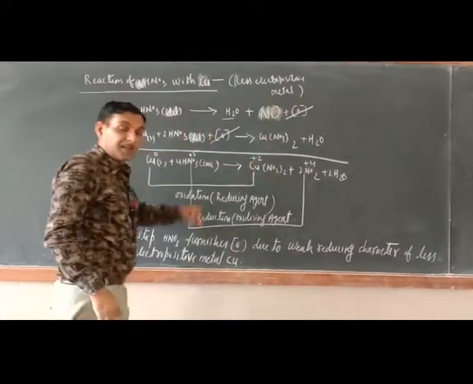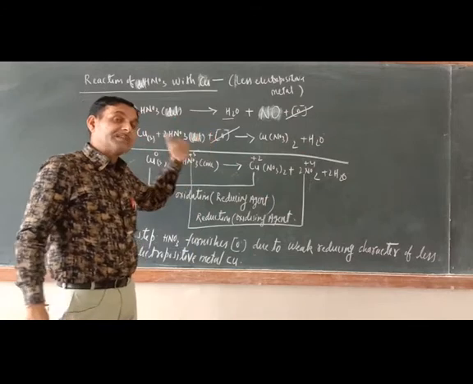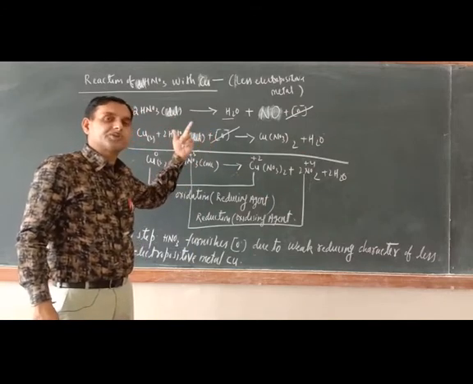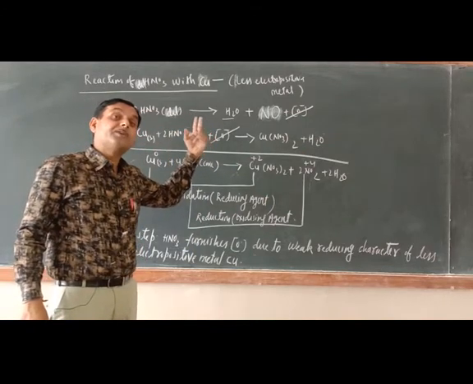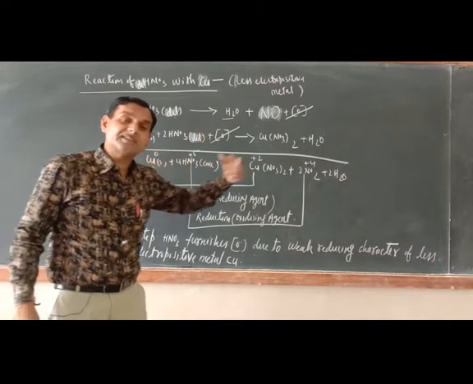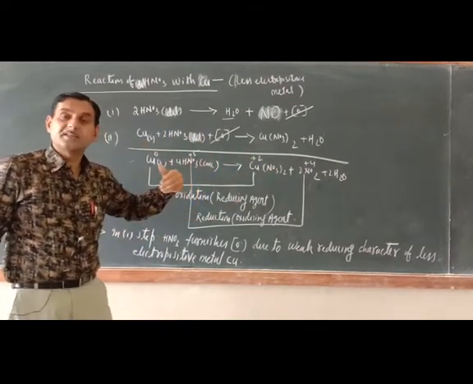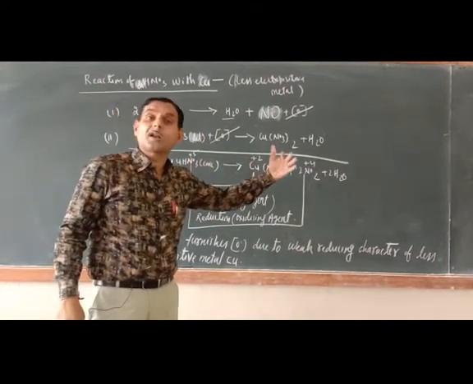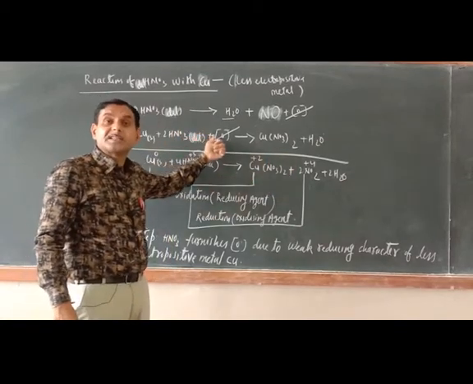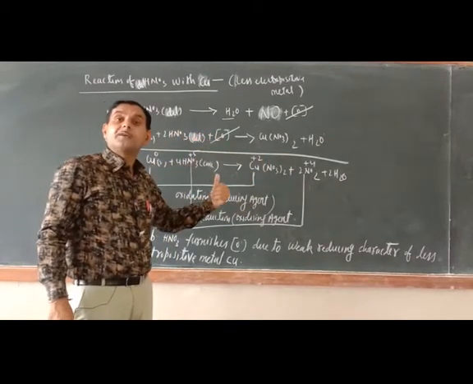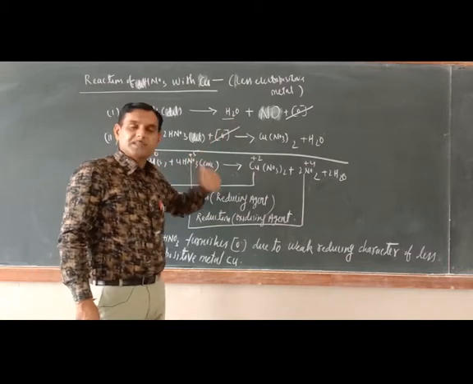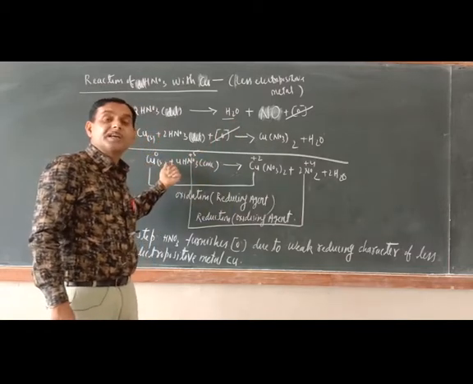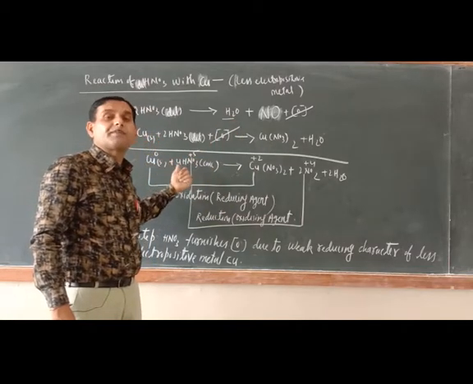Now just see, in case of zinc, when zinc reacted with the dilute HNO3, the product was N2O. Was the extent of reduction more or not? Here the extent of reduction is less, meaning before N2O, NO comes. Reason? Because of the weak reducing character of copper.